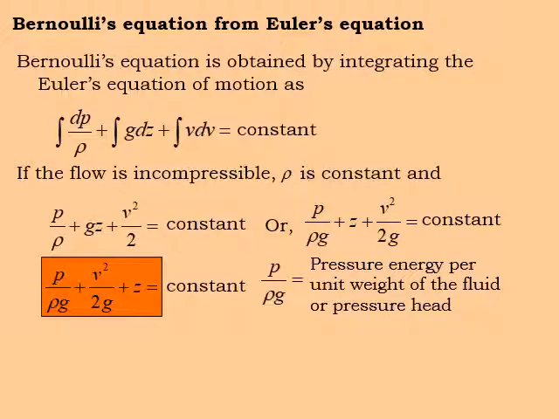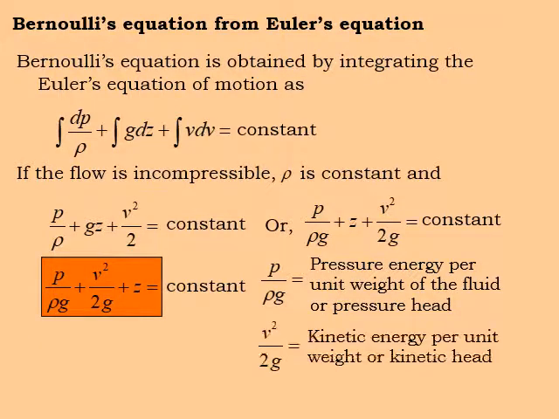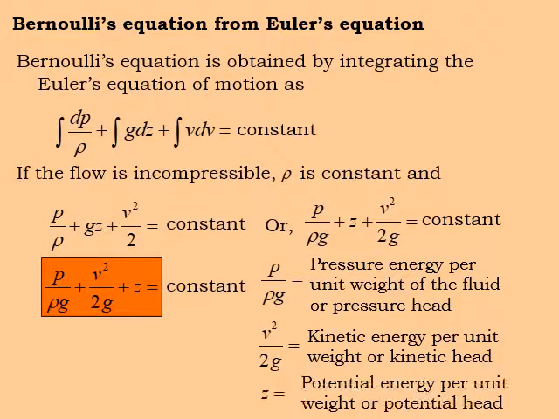V square by 2g is equal to kinetic energy per unit weight or kinetic head. Z is equal to potential energy per unit weight or potential head.